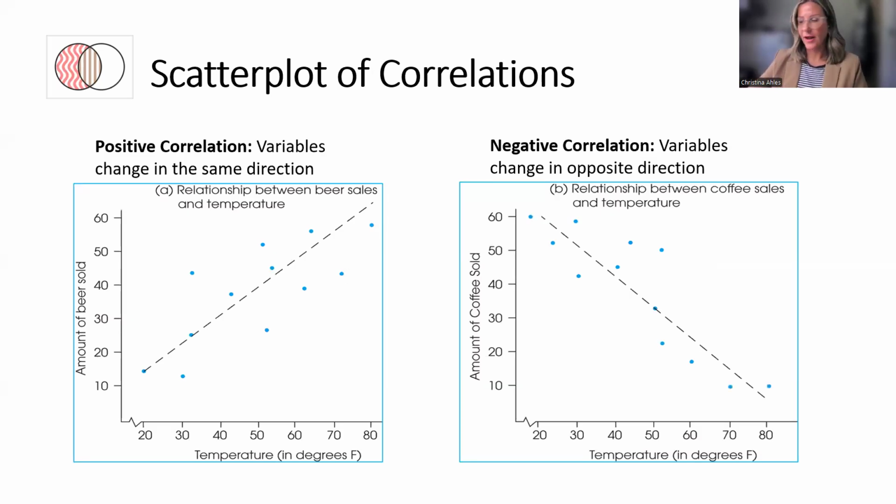So this first graph you can see is what we would call a positive relationship. So we have temperature in degrees and amount of beer sold. As the temperature goes up, you can see that beer sales go up. And specifically with the correlation, it goes along a straight line, and we'll talk a little bit more about that.